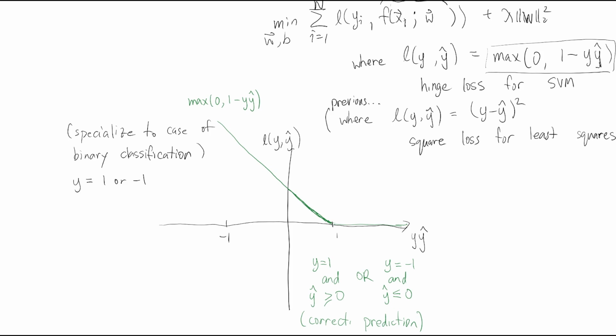So on the right side we have the correct prediction. On the left side, y hat is negative. That means that we could either have y equals 1 and y hat less than 0, or y equals -1 and y hat greater than 0. So in both cases we have an incorrect prediction.